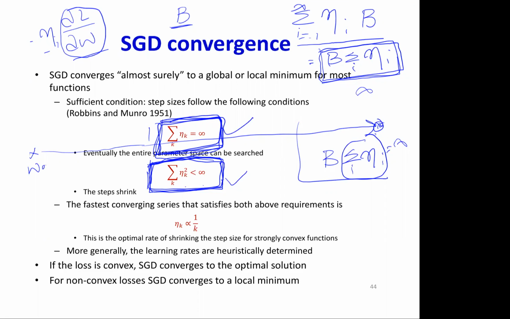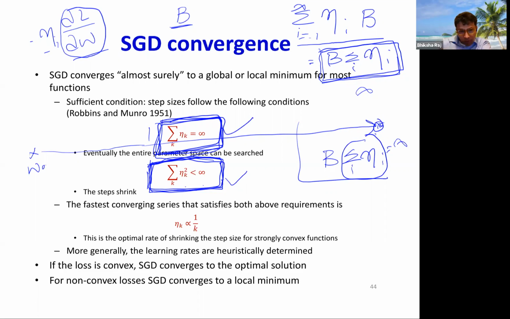Yeah, Igli? Did we choose squaring for any particular reason, or could we have chosen some other function of the step? You'll have to look at the Robbins and Monro paper. There's a mathematical reason for it, and it's not very hard to derive. But basically, you want the norm of the series to be finite.